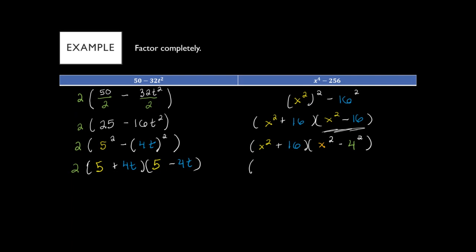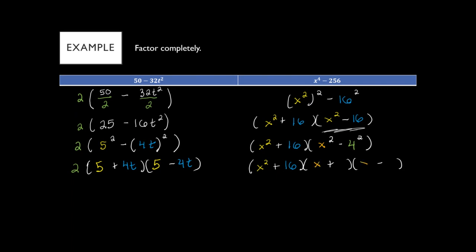So we have our x squared plus 16. And I'm trying to be very careful to keep all of my color coding the same here. And then we're going to factor our x squared minus 4 squared as another set of parentheses, another difference of squares with a plus and a minus.